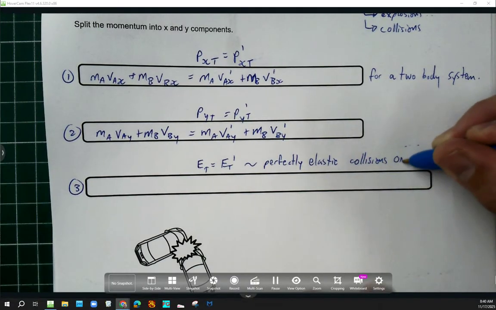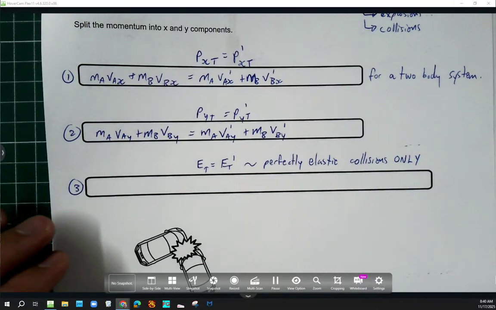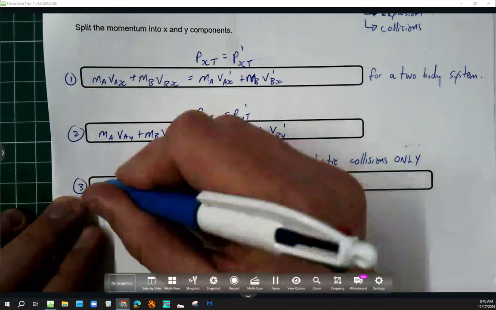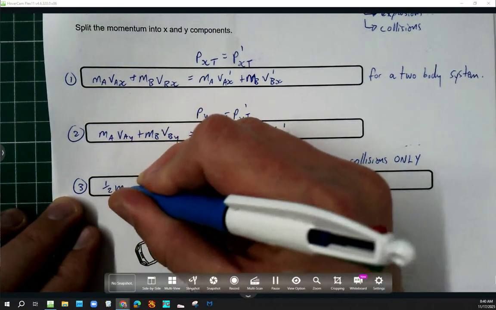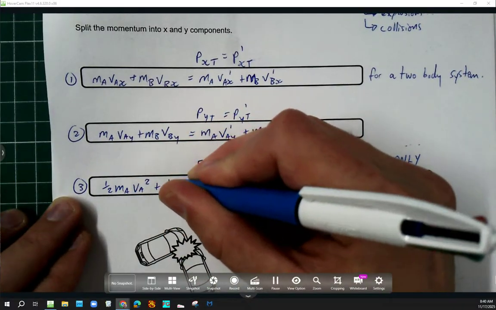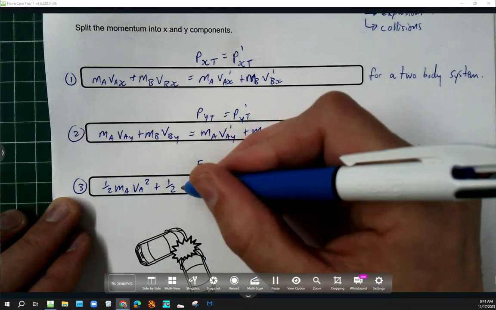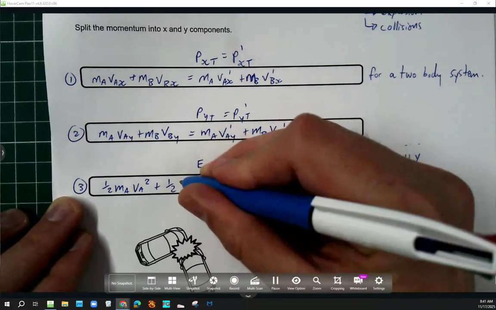So only perfectly elastic collisions have the expression E total is equal to E total primed, but we will expand it out. But one nice thing about the energy equation, notice that I don't have to have x and y components, because energy doesn't care what direction you're going in.